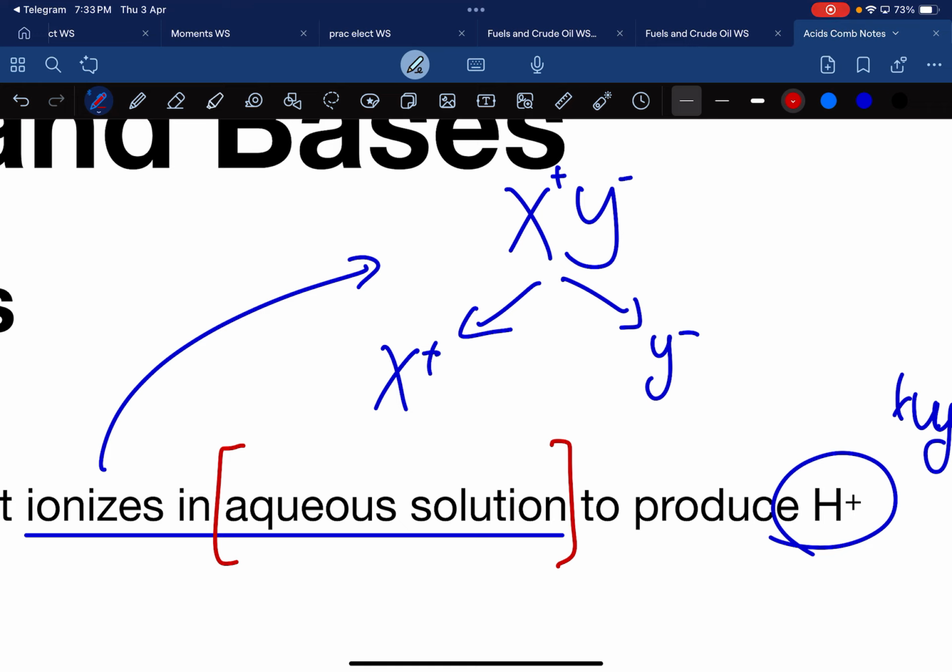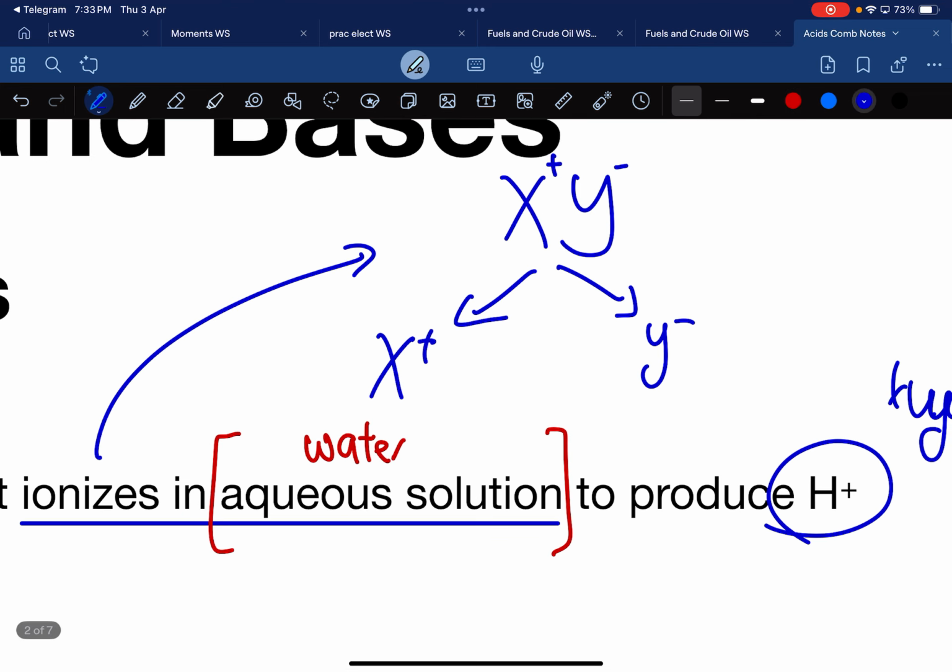Any idea? Salt and water. Okay, aqueous solution means basically you got water. And if you got water, your acid will ionize, will split.